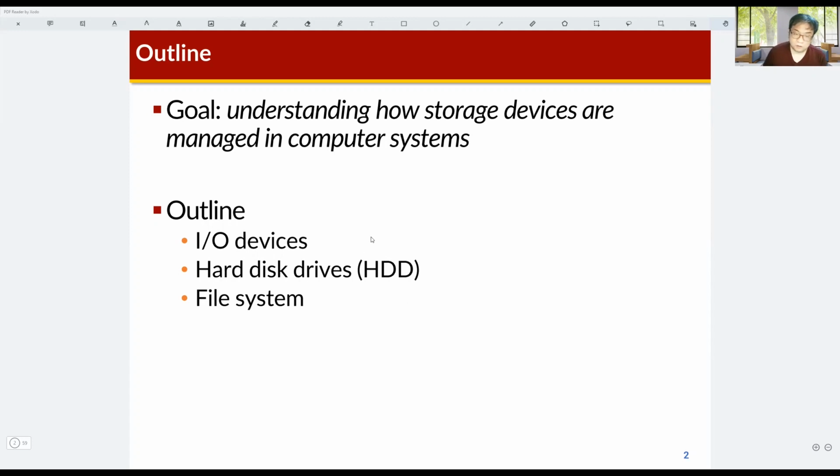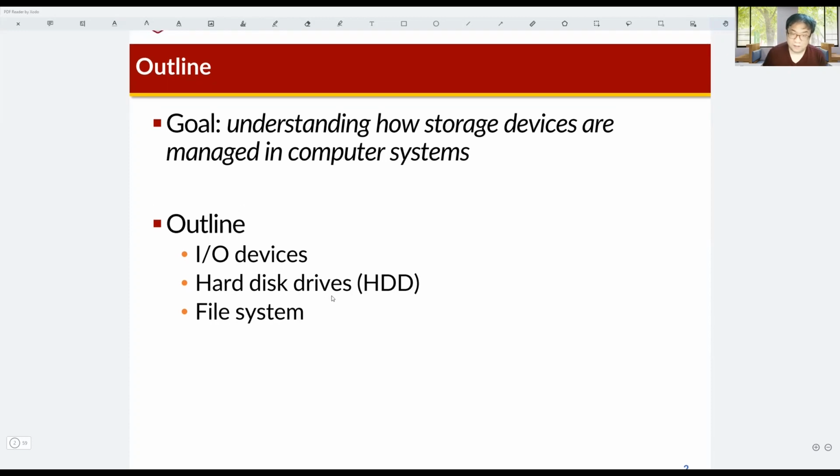So we will cover the input and output devices and then the hard disk drive, and then we will cover the file system in the next class, not today.